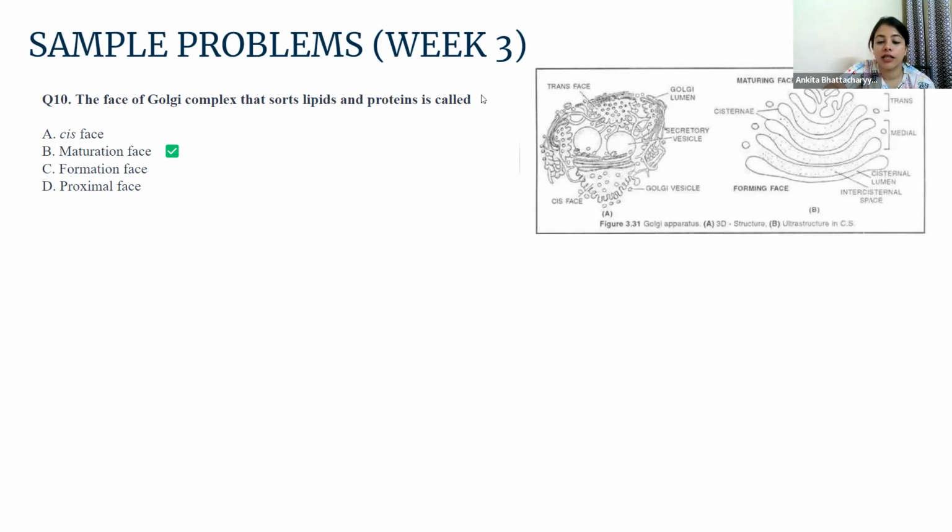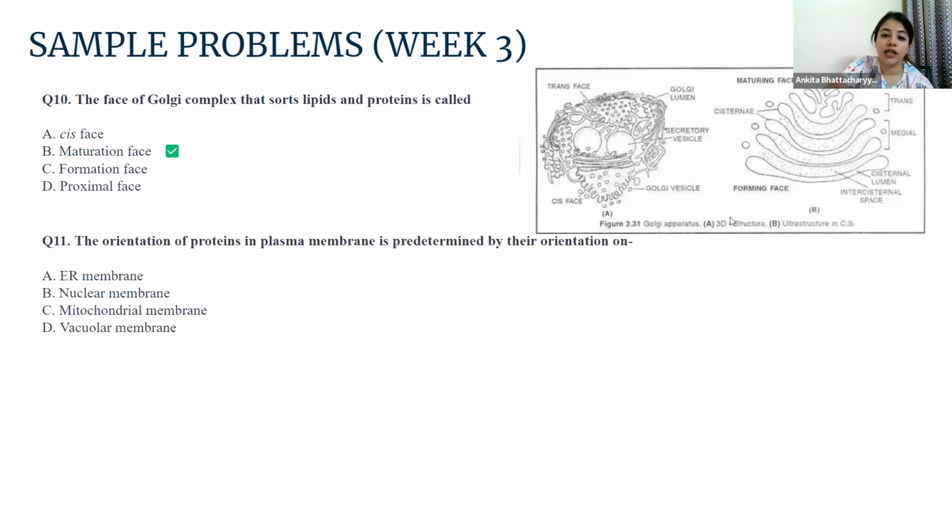Since the question is asking about the sorting of lipids and proteins, after the protein has been synthesized and transported from the ER to the Golgi, it will go through these individual Golgi cisternae, and finally it will be sorted to whatever its ultimate destination is via the maturation phase. So that is the phase which is actually responsible for carrying out this process. So that's what we see here.